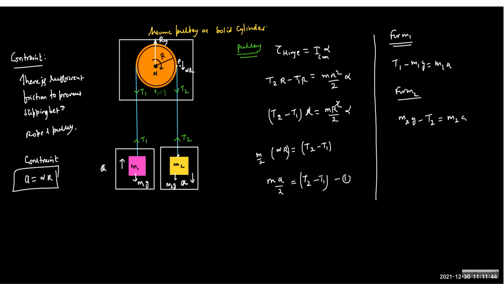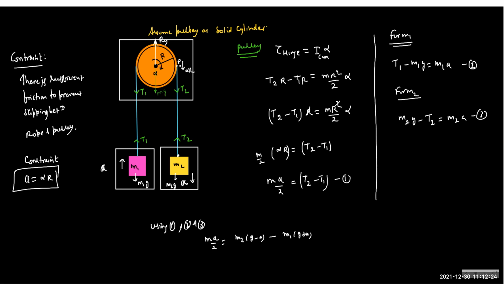And we can substitute T1 and T2 from here. So we can take T1 from here, T2 from here, and put them in the first equation. So using 1, 2, and 3, we add Ma/2, because we are trying to find A first. T2 is how much? m2g minus m2a. And T1 is m1g plus m1a.